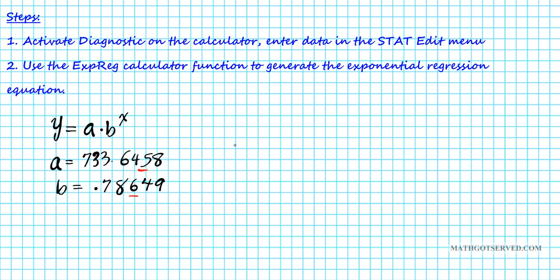So our final answer is going to be y equals 733.646, because the digit after 4 is 5 or greater, so we have to round up, and then that times b, which is 0.786. The next digit, 6, we're not going to round up because this is less than 5, so 0.786 raised to the x power.